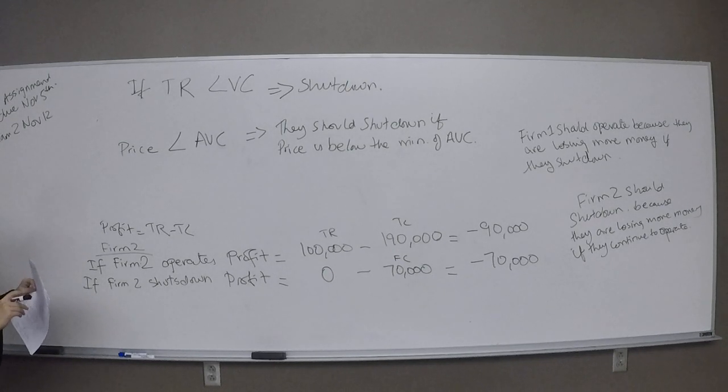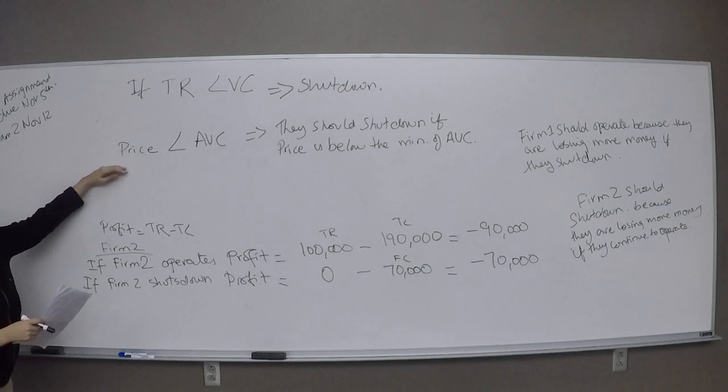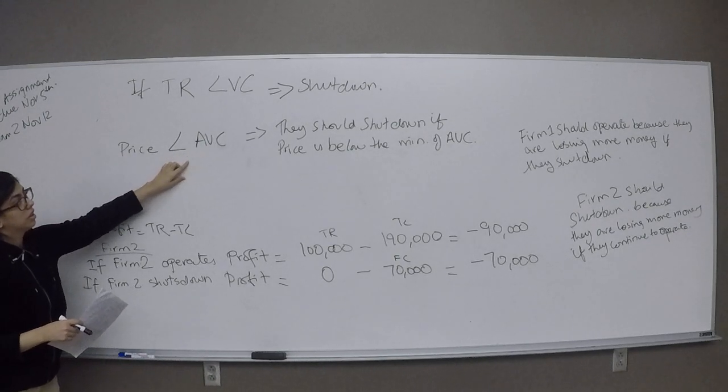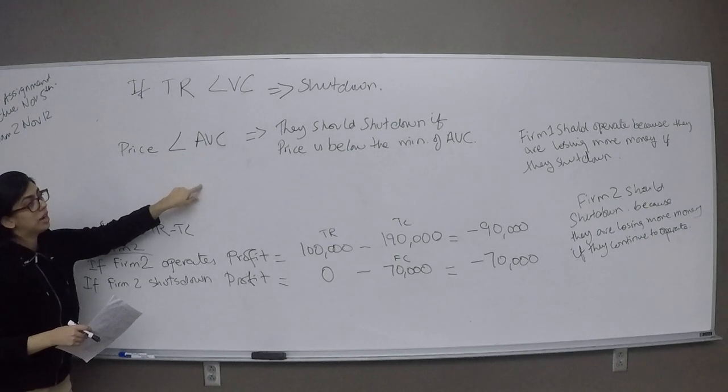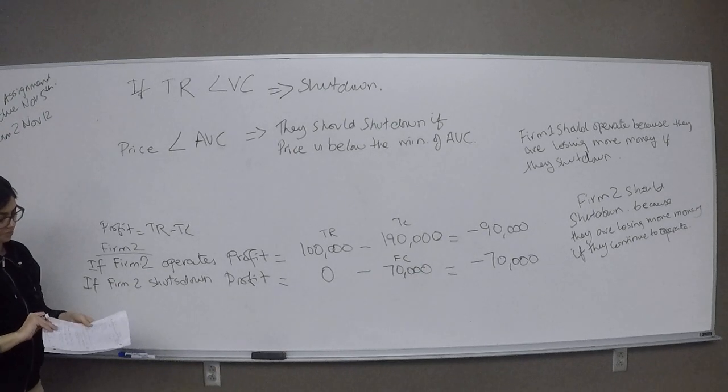So a firm should shut down if the price is below the minimum point on the average variable cost curve.